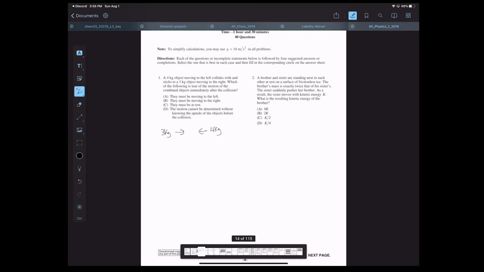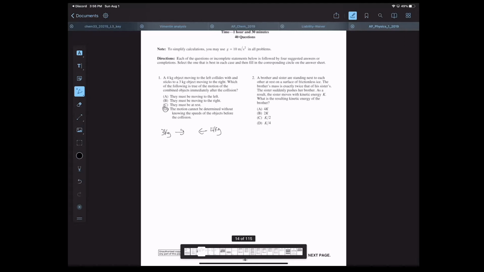So all we're given is their masses, so we don't even know the initial momentum, so that wouldn't allow us to know the final momentum or the final velocities of the systems. So yeah, it cannot be determined. D is the answer.